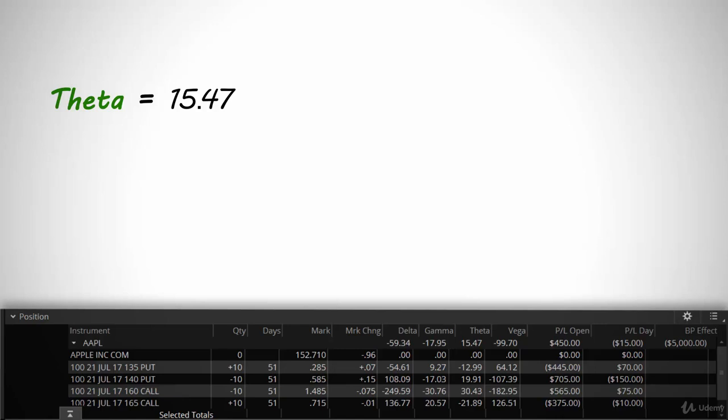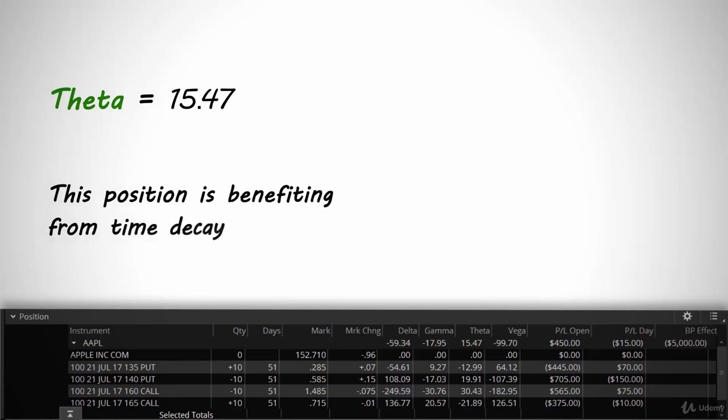Just a few minutes ago, we discussed how all options have a negative theta. So how is it possible that we have a positive theta? It's possible because when we buy options, in other words, pay a premium for options, we lose money daily due to time decay. For this position, we sold options or received a premium when we put this trade on. So this position is benefiting from time decay.